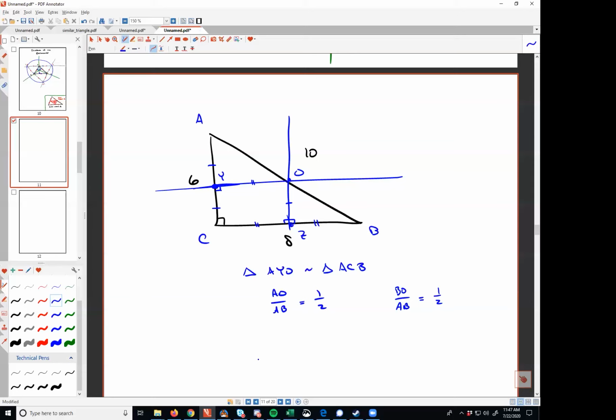So here's what I'm going to say. We're going to have the same result. Suppose that instead of O, we picked a point M that was the midpoint of AB.